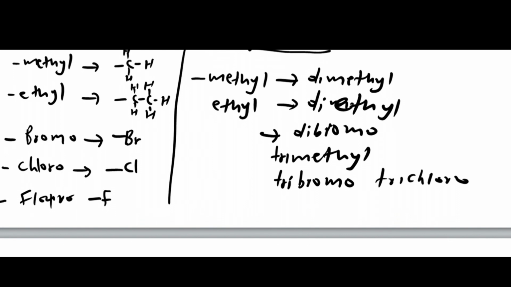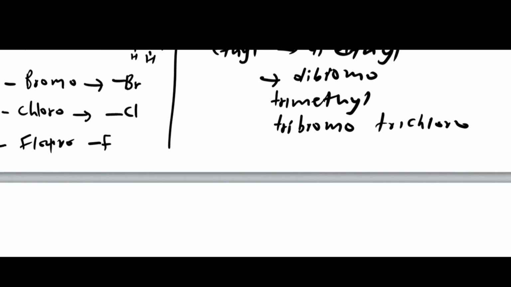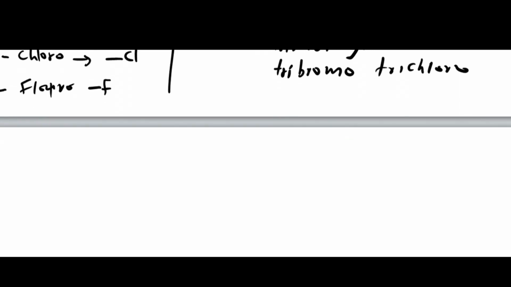All right, so let's go to the position. The position is very important when we are naming the compounds. For example, we have this prefix, which means we have to specify the position.